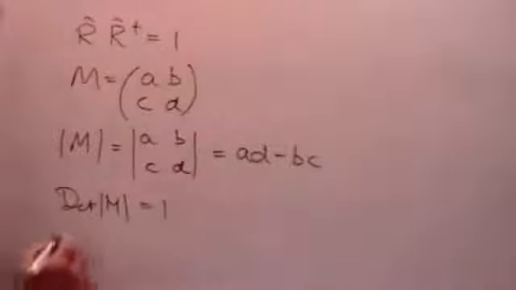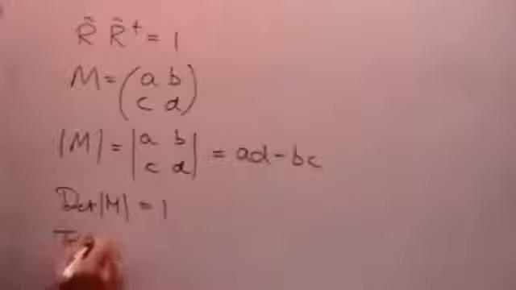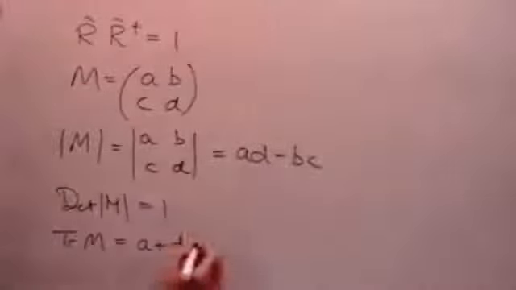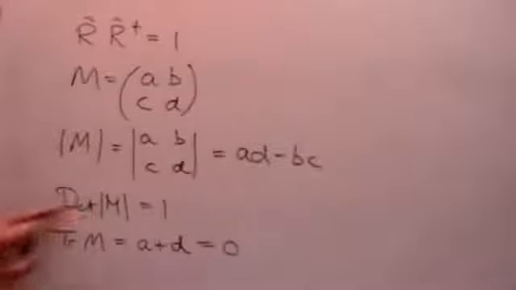There is also a thing called a trace of the matrix. And the trace of the matrix is simply given by the sum of the diagonal, A plus D. And for a special unitary matrix, that equals 0.